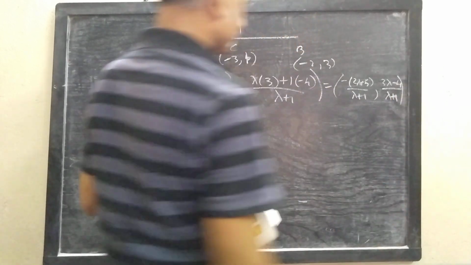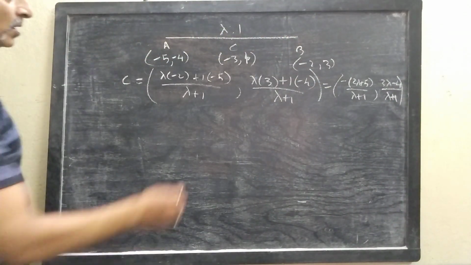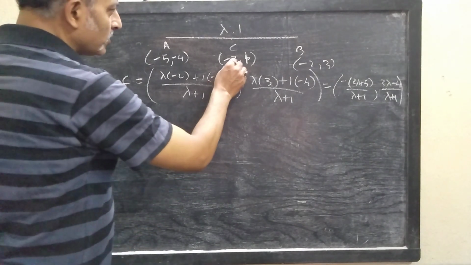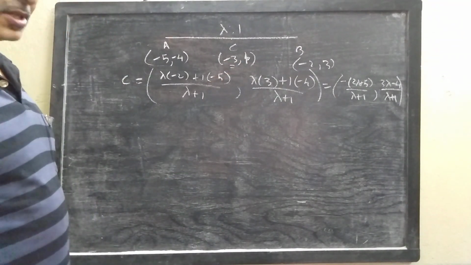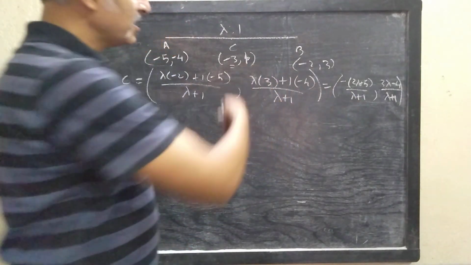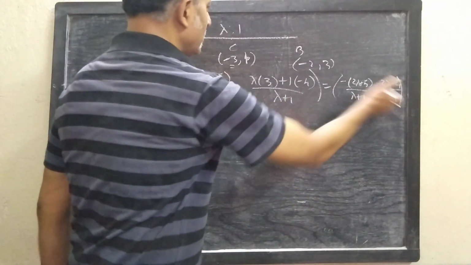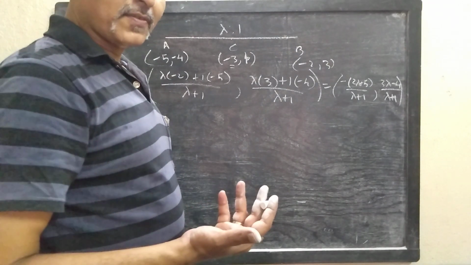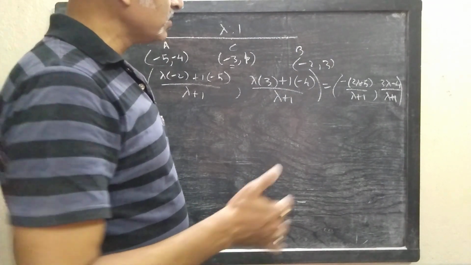Now here we know the abscissa only, we don't know the ordinate. So we have only one option: we can equate the abscissa, because by equating the other two parts we can't find the value of anything, since both are unknown.